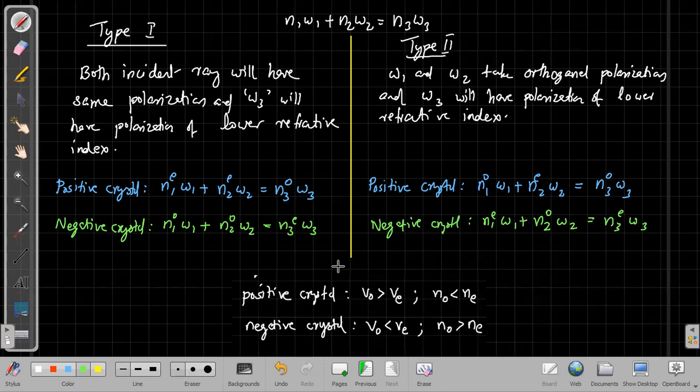Anyhow, we can stop our discussion of nonlinear optics here. There are some topics remaining, based on certain spectroscopy, the different spectroscopic techniques. I will give that as an assignment to you. You can make notes and upload them in Google Classroom. I will open a link.